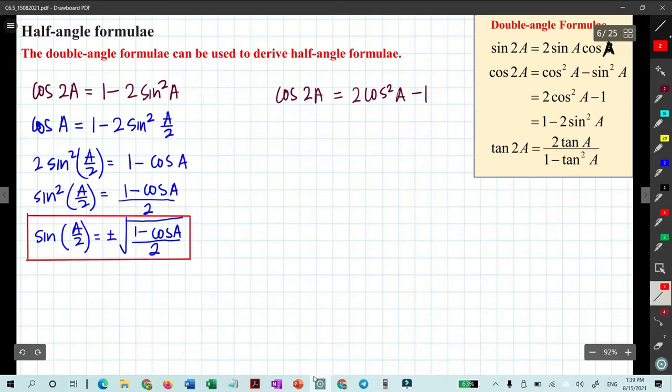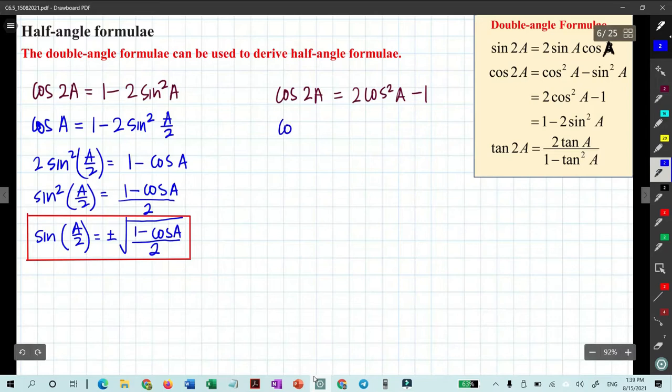And now let's find the half angle formula for cosine. The method of solution is quite similar to what we did earlier for sine. So we change the angle a to a over 2.